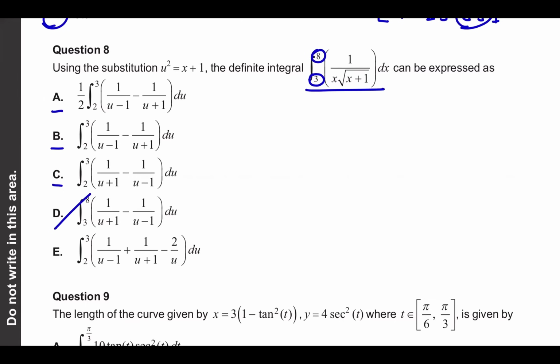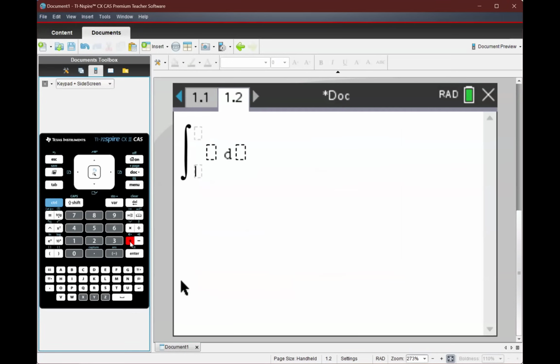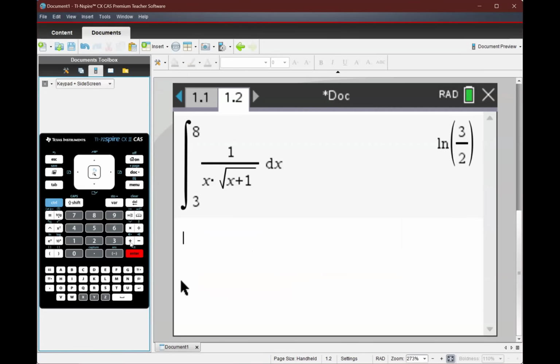So let's have a look at the CAS calculator. Okay. Shift plus, from 3 to 8, fraction 1 over x times square root of x plus 1, dx. So you should be able to get natural log of 3 over 2.